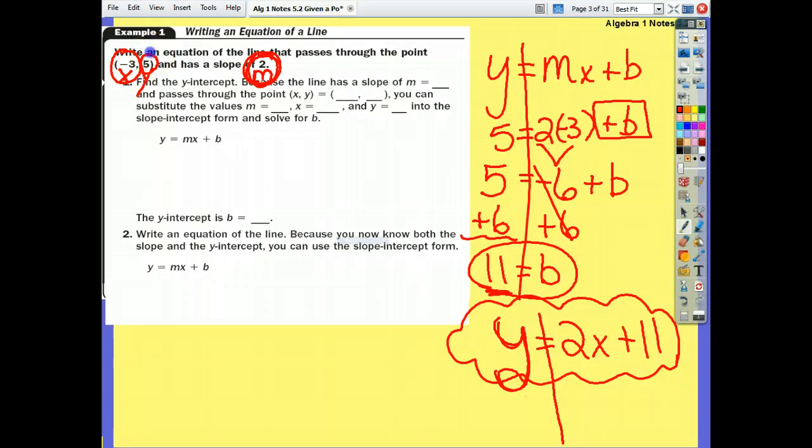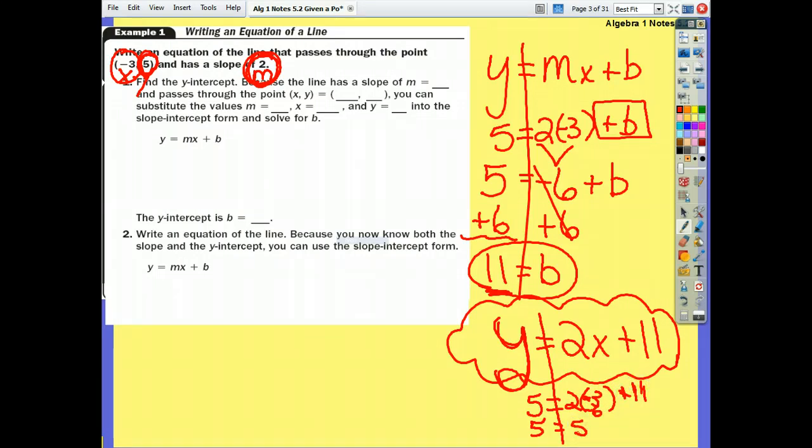They told us the y was 5. 5 equals 2 times, what was our x? Our x was -3, plus 11. Does that work? Does 5 equal, what's 2 times -3? -6. What's -6 plus 11? Does 5 equal 5? Yeah.